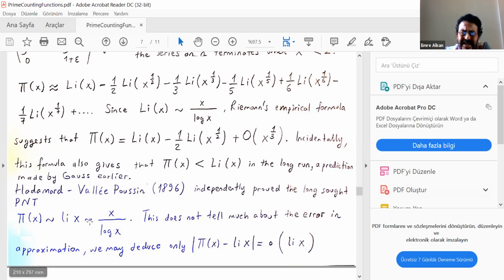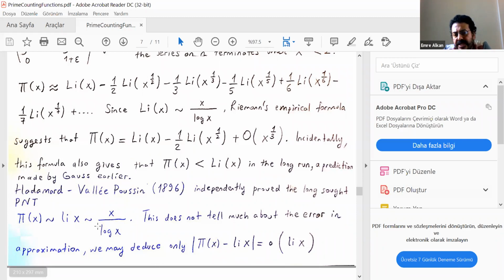But you see, this is not good enough, for another reason. You have to say more, because this asymptotic behavior does not tell much about the error in the approximation. Although the quotient in the limit tends to 1, how about the error?